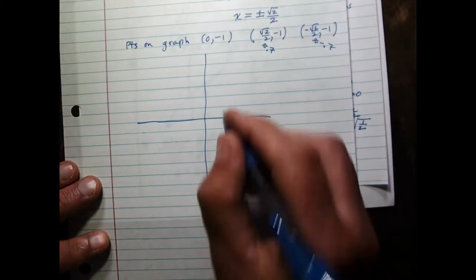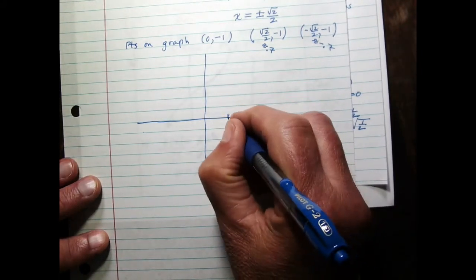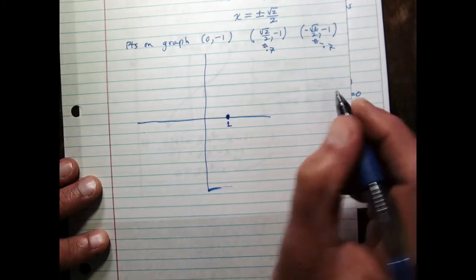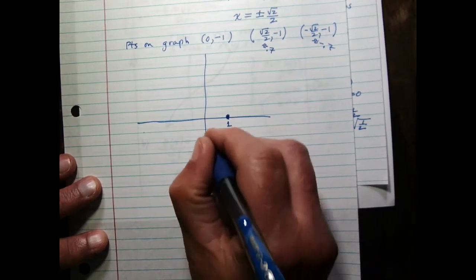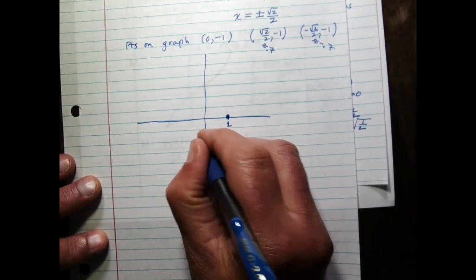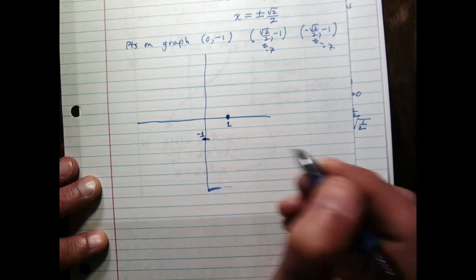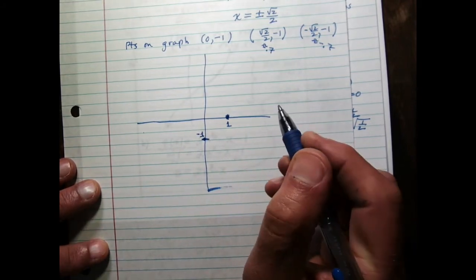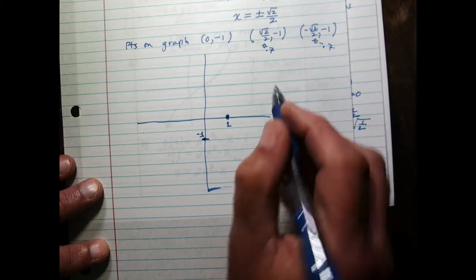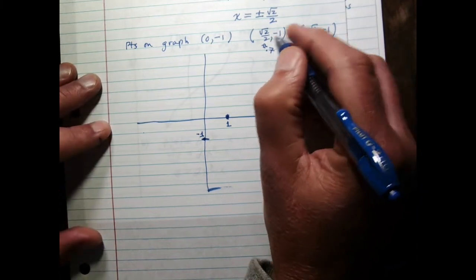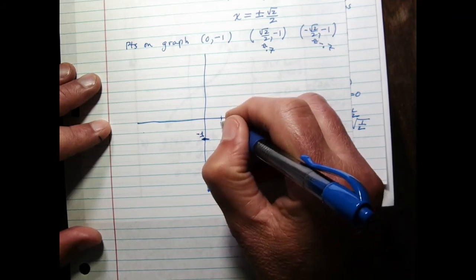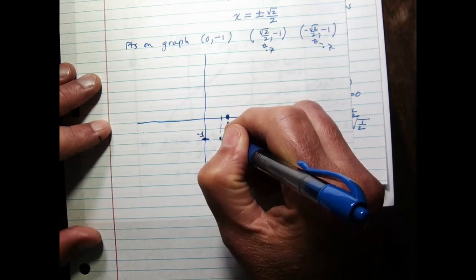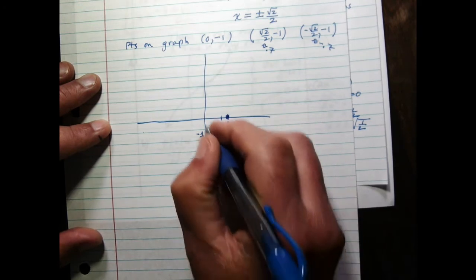So what we know now is we got our one x-intercept at 1. I'm going to put -1 right here. I know I'm not drawing this carefully to scale, but now square root of 2 over 2 is 0.7, so at about here there's another point on the graph.